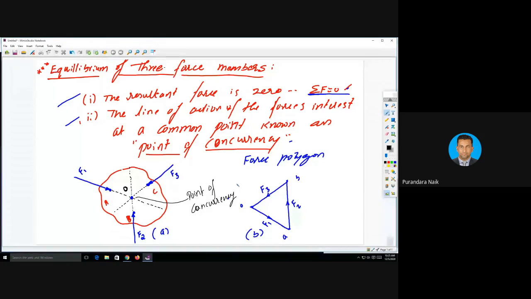Am I audible? Yes, sir. Okay. Any doubt, please? If you have any doubt, please ask me, because this is very useful in the problems, because we are going to solve problems on equilibrium of 2 force member and equilibrium of 3 force member. So this concept is very, very important.